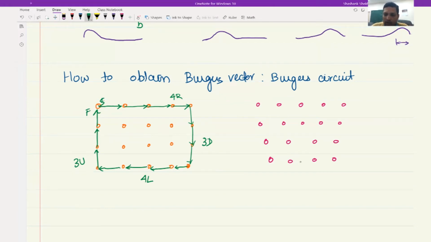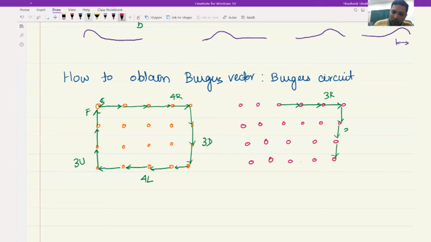Now let's do the same thing when the crystal is not perfect. So let's go. This time we will go 3 steps to the right, 3 steps down. Here I have selected 3 right because I have drawn a lesser number of atoms. To ensure that there is no confusion, let me draw one extra layer of atoms because we want to compare.